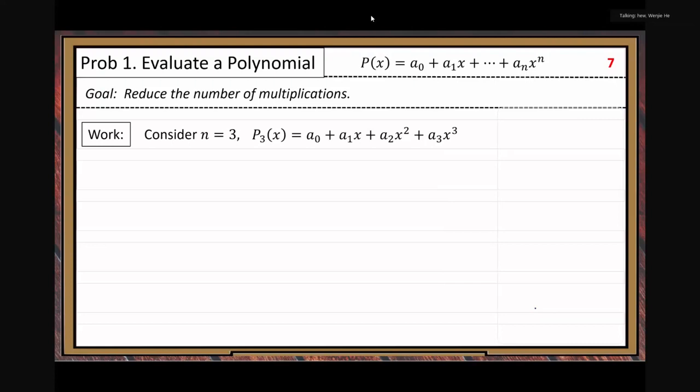This time, the degree n equals 3, so we work on a cubic polynomial. Based on your experience, what do you want to do? Factorization. But how do you do the factorization? Based on your experience from the previous example, how do you want to do it?